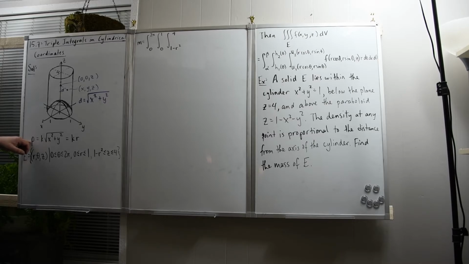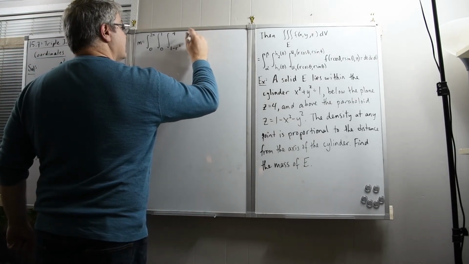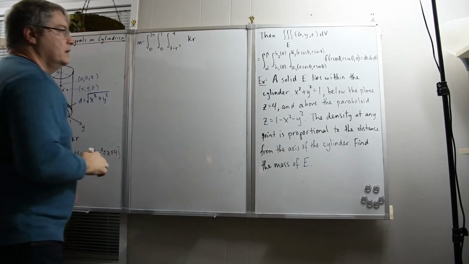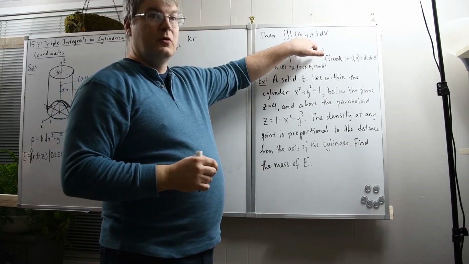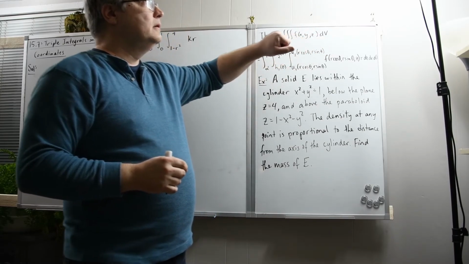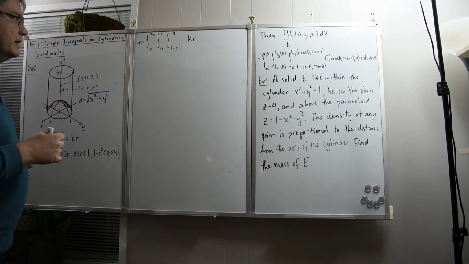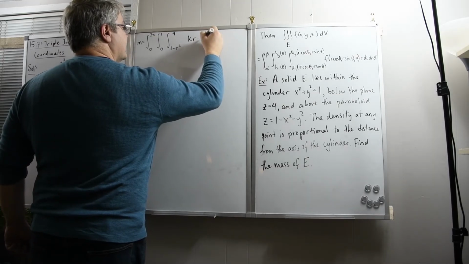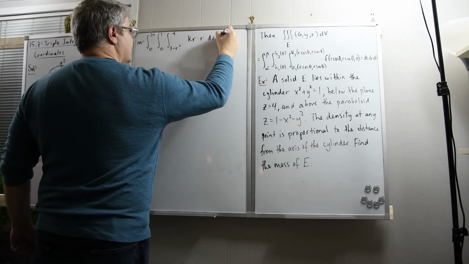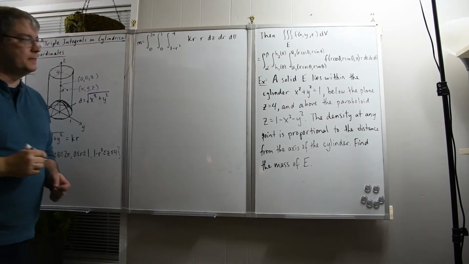Now, it's this density function that we're going to need to integrate. So think about if we were to take the triple integral over E of rho dV. Well, the dV in terms of cylindrical coordinates is r dz dr d theta. So if we're going to have k times r times r dz dr d theta, this is our dV right here.